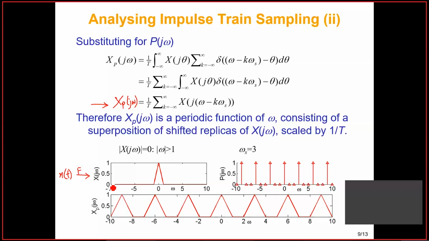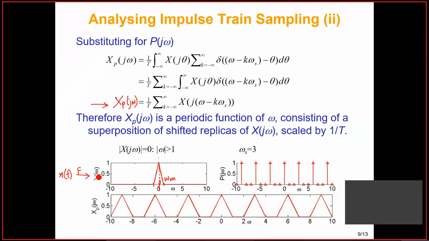So if we have this x(t), which is band limited or has some maximum frequency content, let's call this ω_m, in between it can have any shape and form. Here they have shown a triangle, but it can be any shape and form.